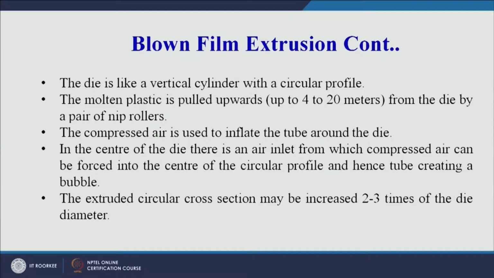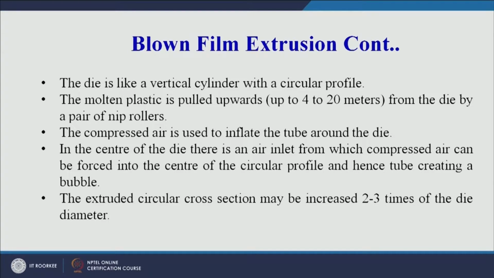Now let us try to understand this process, that is blown film extrusion. Slightly more complicated as compared to the normal sheet and film extrusion process, but certainly used for specific applications. The die is like a vertical cylinder, as I have already told, with a circular profile. The plastic will be blown out with the help of pressurized air.